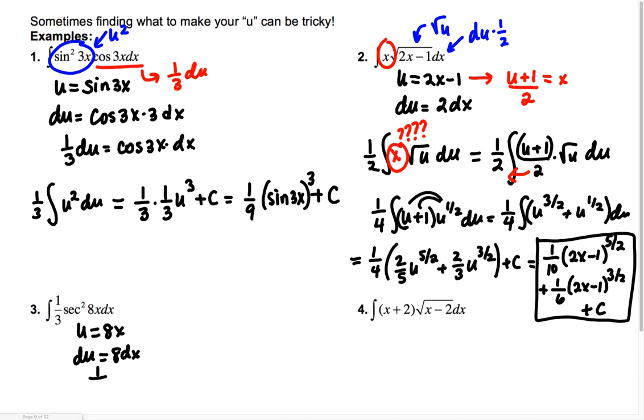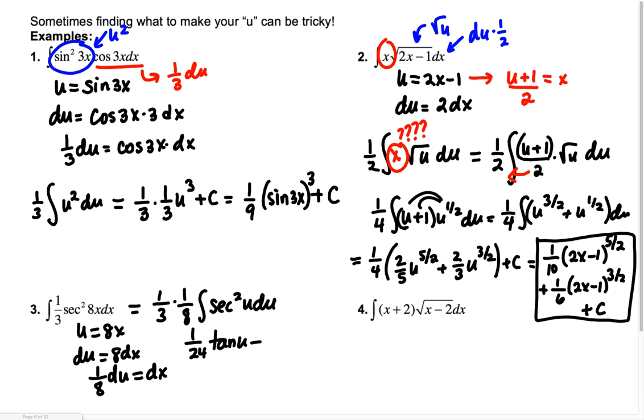Because I know how to integrate secant squared u, because I've taken 18 million derivative drills, and I know that the derivative of tangent gives me secant squared, right? I'm sure that you have memorized this. So I get 1/24 tangent of u plus c. So it's 1/24 tangent of 8x plus c. And you can check, you can take the derivative, and you do get that.